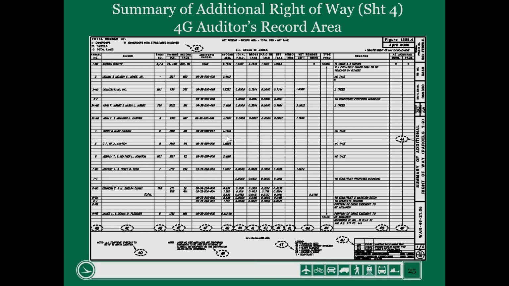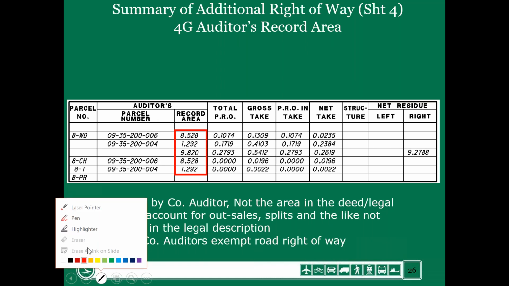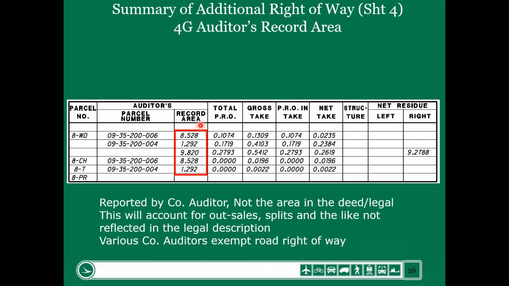Now, I'm going to scoot over on the summary sheet, so I'll move over to the right. But I'll keep at least the parcel number column, the auditor's permanent parcel, as well as the record area. And what I want to make abundantly clear here is that this record area is reported by the county auditors. It's the record area per the tax map office or the auditor's office. It's what they're taxed on.